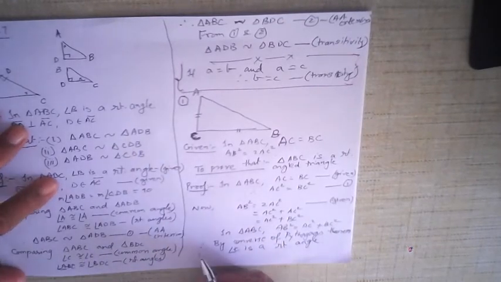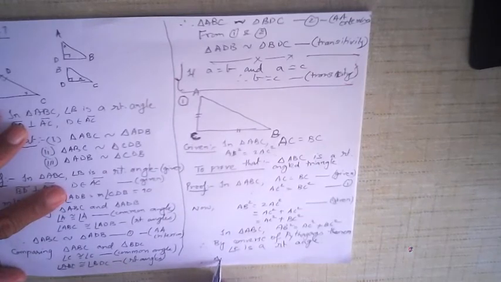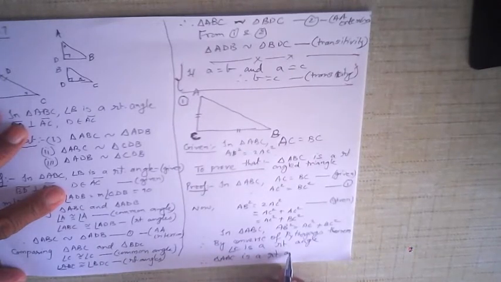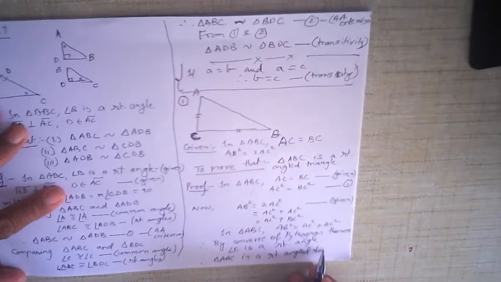If angle C is a right angle, it means triangle ABC is a right angled triangle. This is what we wanted to prove: that triangle ABC is a right angled triangle.